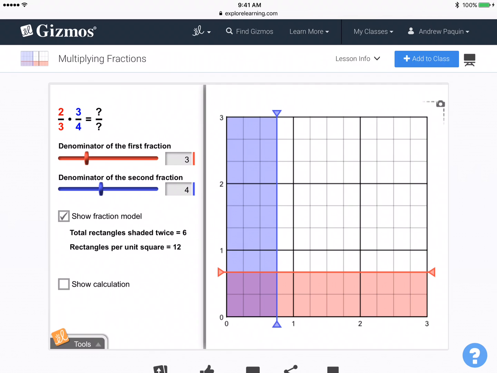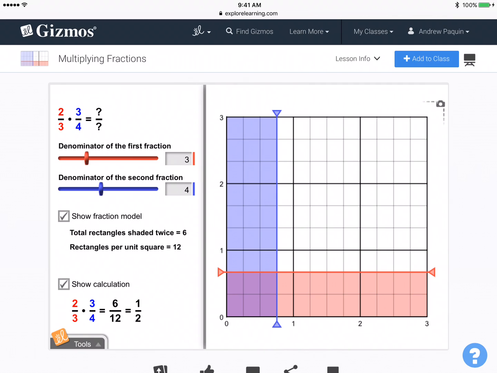We can see that in the smaller purple box, which is a visual of the numerator of the product, 2 by 3, and that's going to be 6. And we'll just show the calculation. There it is. So a student looking at this model will be able to see the numbers in the algorithm reflected in the model, and it will make more sense.